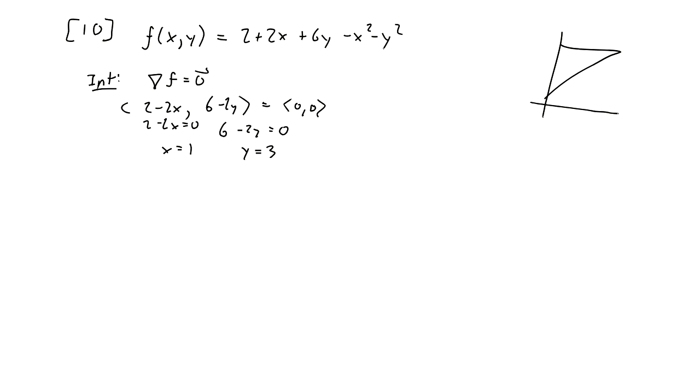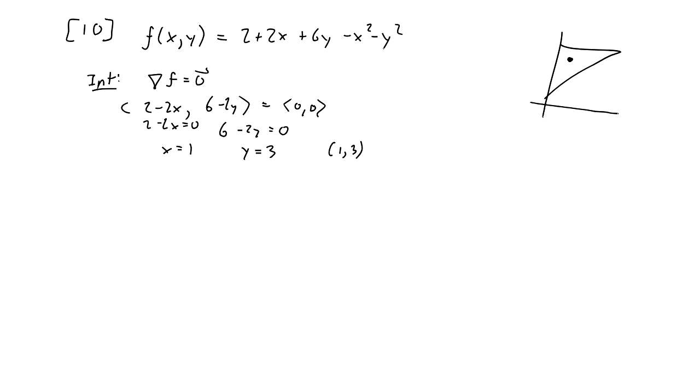And I gave you a kind of helpful graph. It's fairly easy to see in the graph that the point 1, 3 really is on the interior of that region. In some of the problems we found more than one possible interior critical point, and maybe one was inside the region and one was outside.